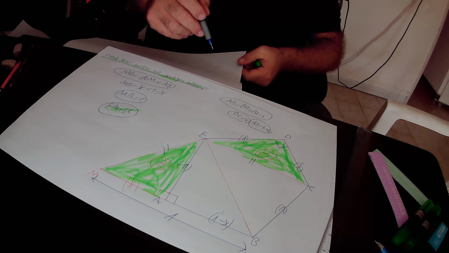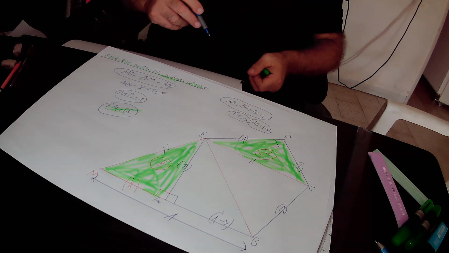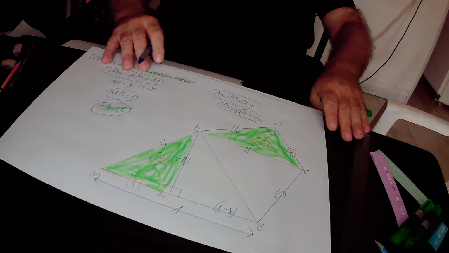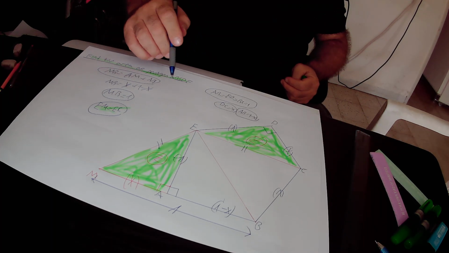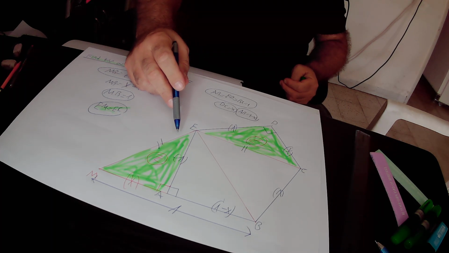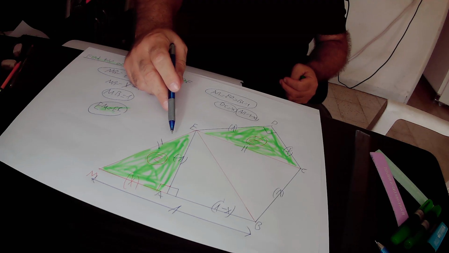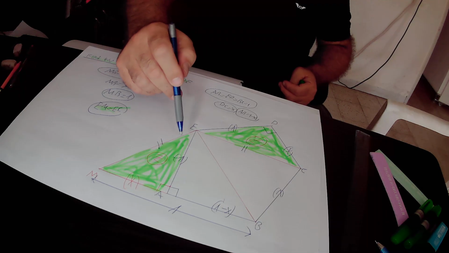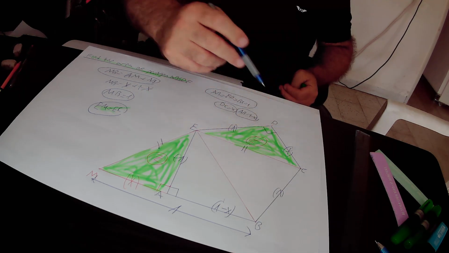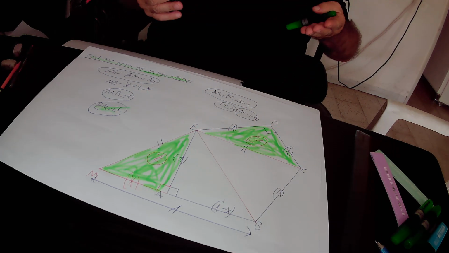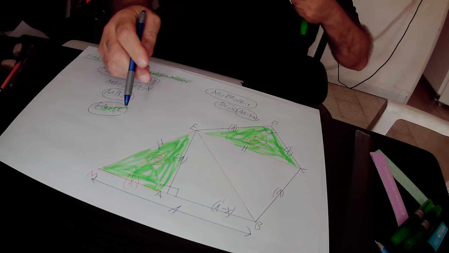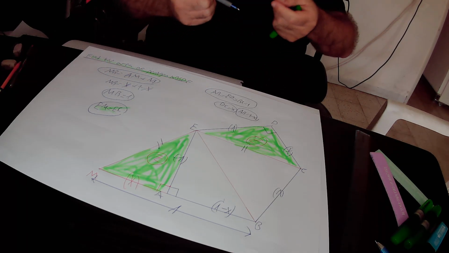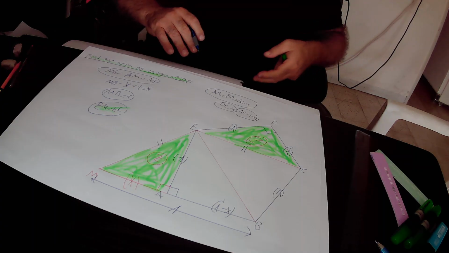But the big quadrilateral EMBC consists of two other shapes. It consists of this green triangle EMA plus this quadrilateral EABC. And the area of the big quadrilateral EMBC must be equal to the sum of the areas of the two shapes that it consists of.